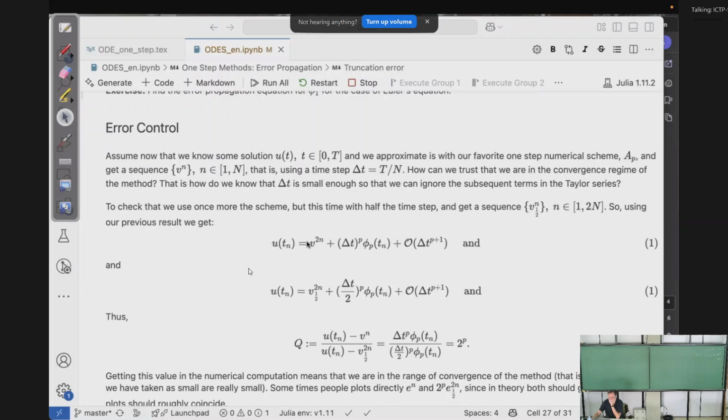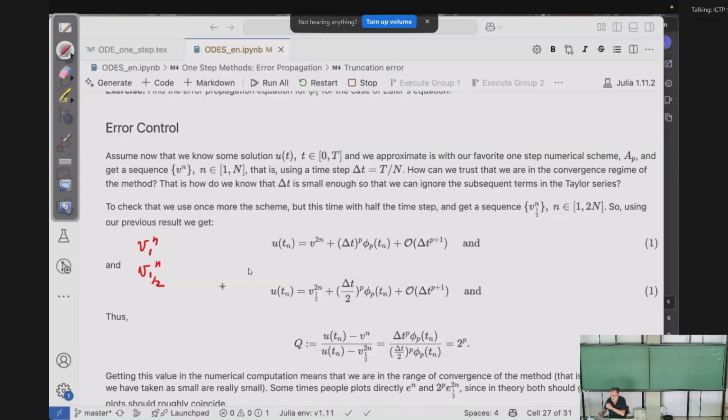You take a solution with some delta t step, and then you take one with delta t over 2. So you have a solution with step 1, which here I should put 1 to be more clear. And then you do another one with 1/2. So you solve the problem twice.